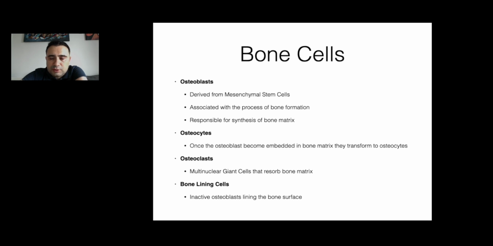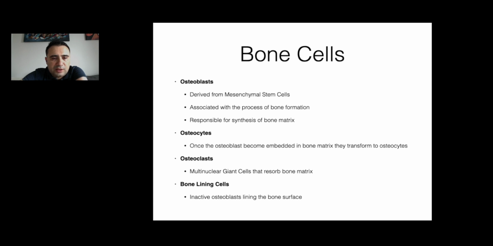Once the osteoblasts become embedded in bone matrix, I will also show a video about it, they transform to osteocytes. These osteocytes are less dynamic cells compared to osteoblasts. They are more stable cells. You will see them in the video later. And we also have cells that resorb bone matrix, which are called osteoclasts.